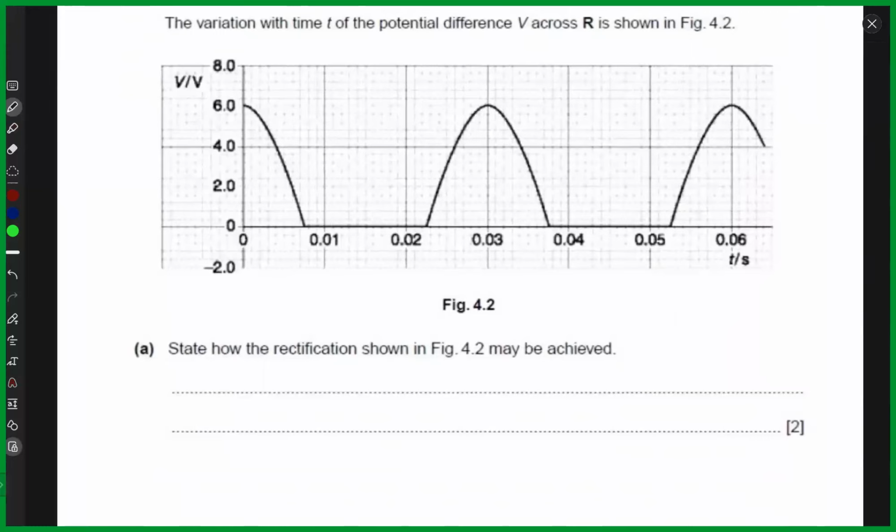By using diodes, exactly. Now you have to be more specific, because this is half wave rectification, which is achieved by one diode. Not a combination of diodes, not a bridge rectifier. So use a single diode.